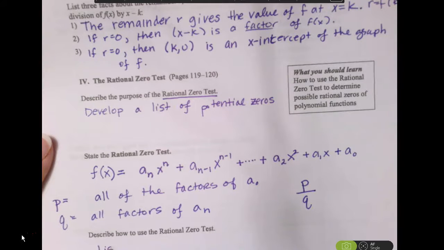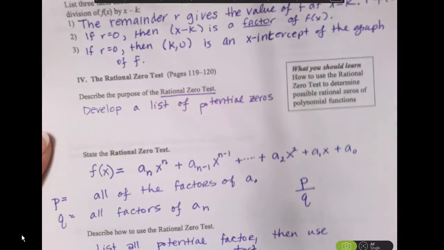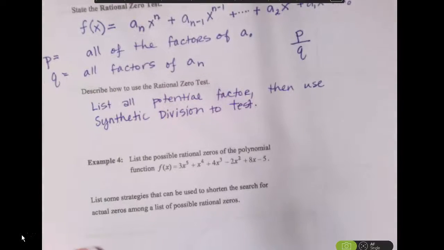We can list all potential factors of our polynomial, then use synthetic division to test them, to see if we get a zero remainder. So let's just go through and do an example, and hopefully this will become much more clear.